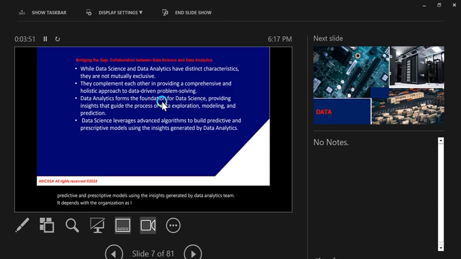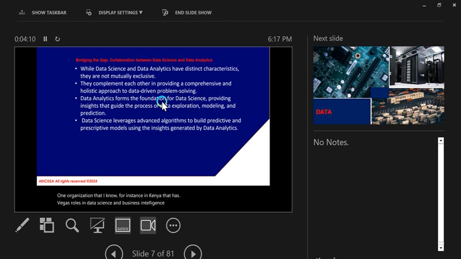One organization that I know, for instance, in Kenya, that has various roles in its data science and business intelligence department is Safaricom.